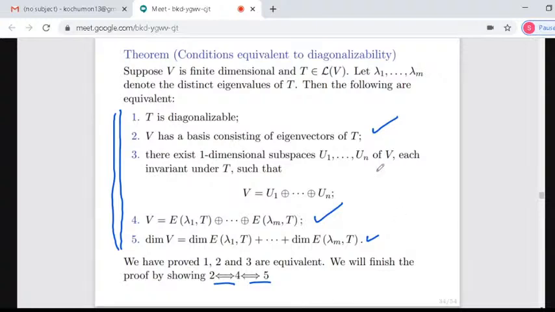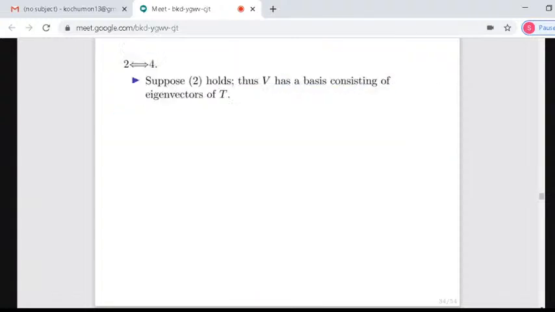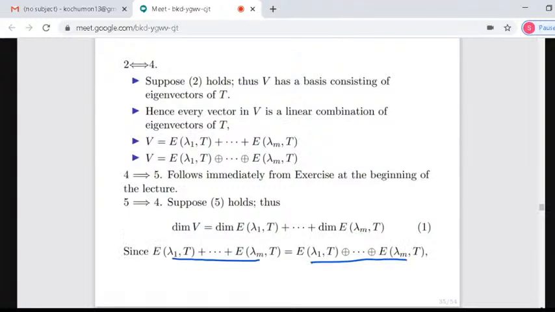And if you can show that any of them does not hold, then you can show that it is not diagonalizable. That's the power of this equivalence criterion. Everything is logically equivalent. Therefore, if you show one, you show that T is diagonalizable. If you can show that at least one of them is not satisfied, then you can show that T is not diagonalizable. Okay, let us go to the next example.